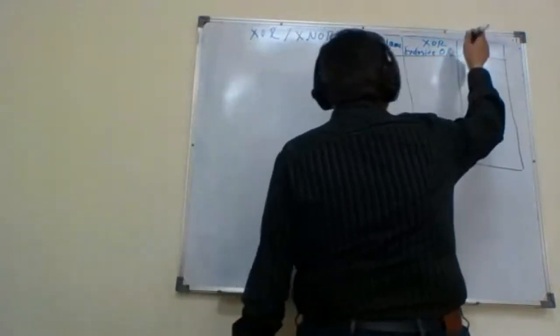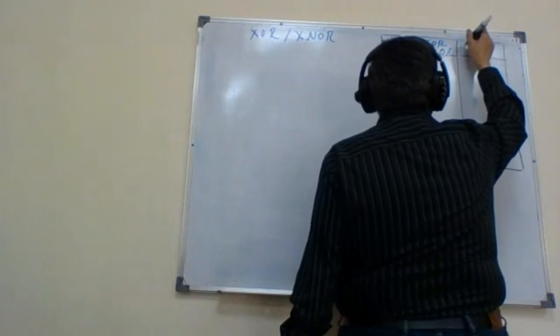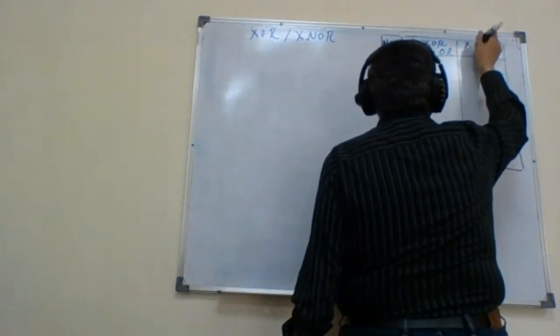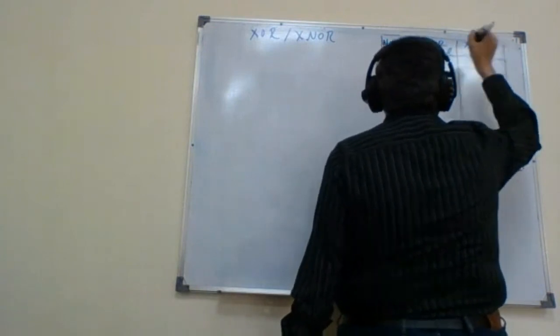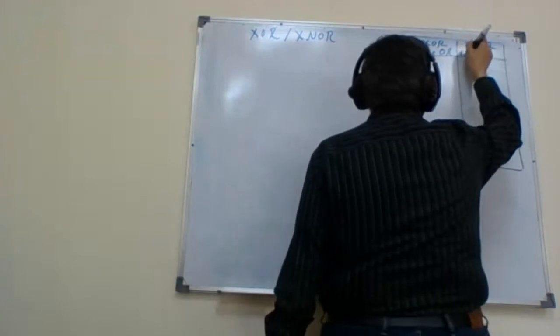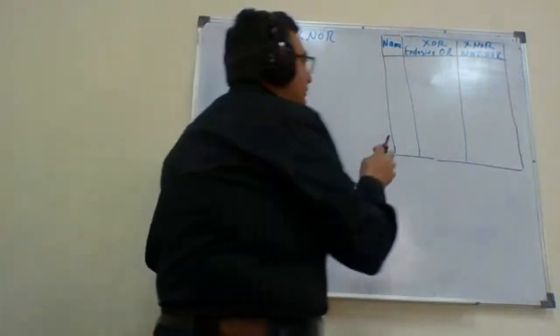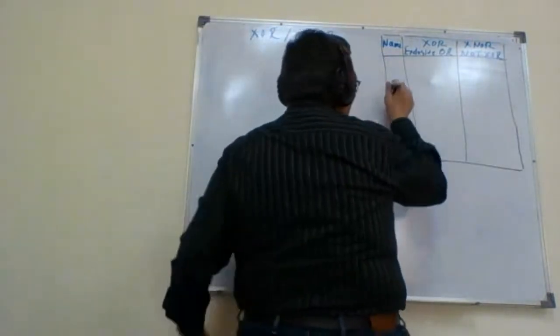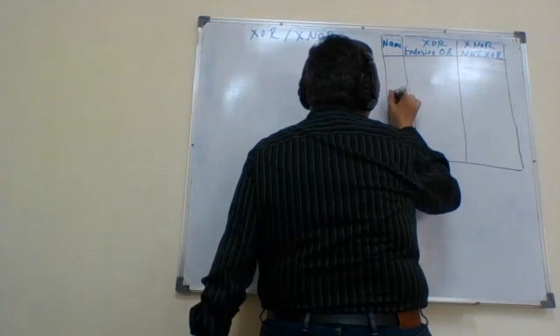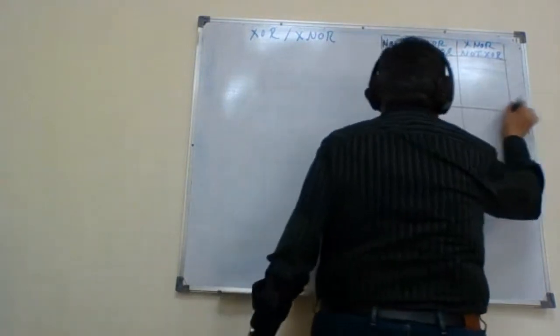It also has a counter or twin or negated one, which is called the XNOR gate, which is actually a NOT XOR. As usual, for any logic gate, we need to learn actually three things.